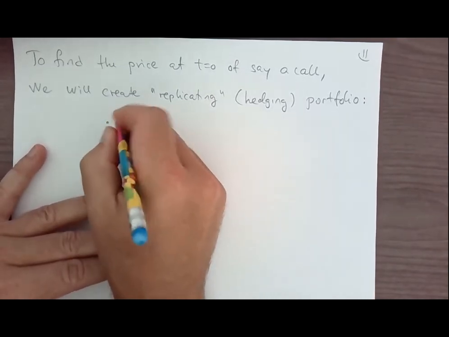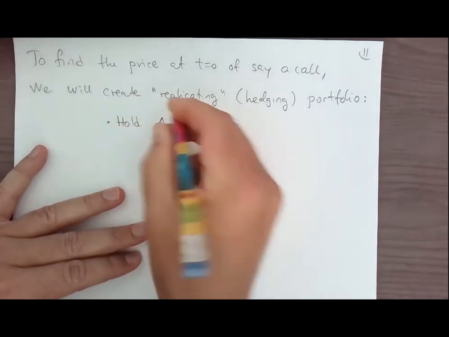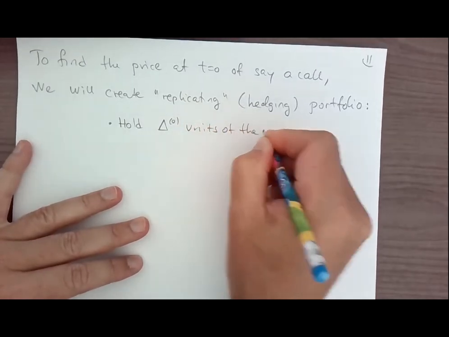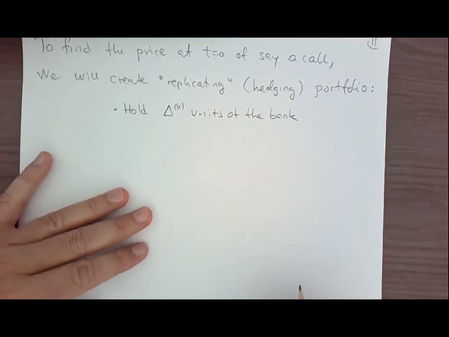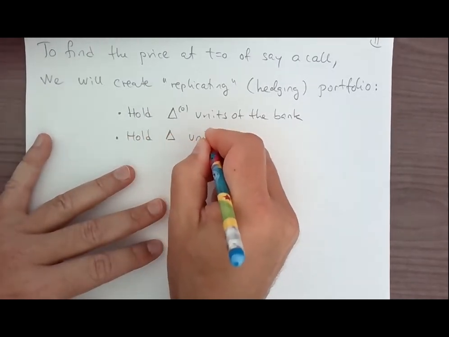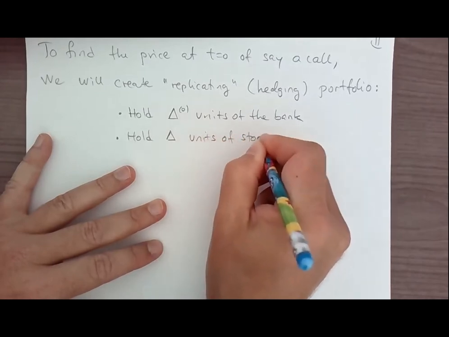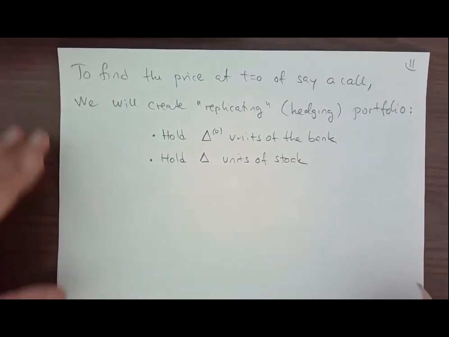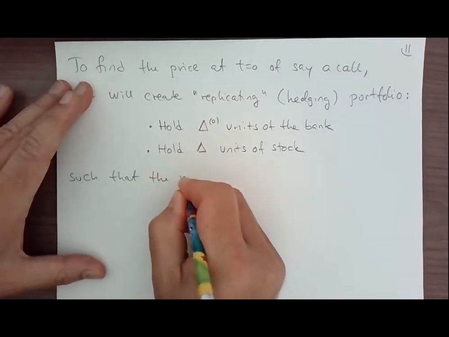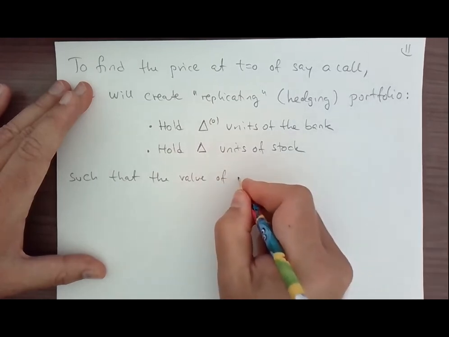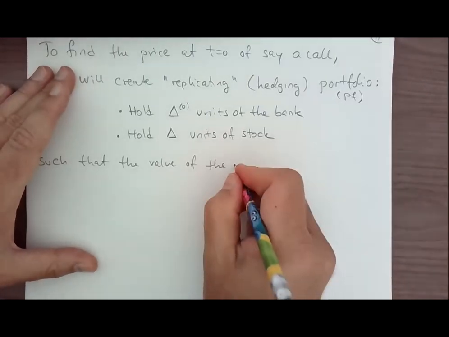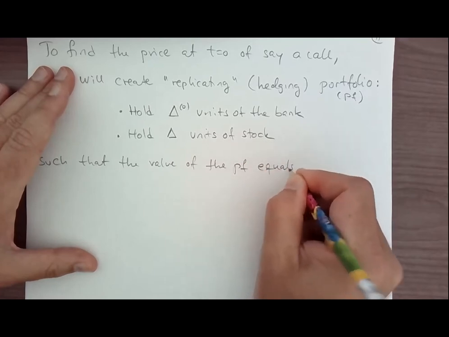So we're going to hold delta naught units of the bank, and we're going to hold delta units of stock such that the value of our portfolio, and again, I'm going to start writing PF here for portfolio, the portfolio equals the derivative's payoff.